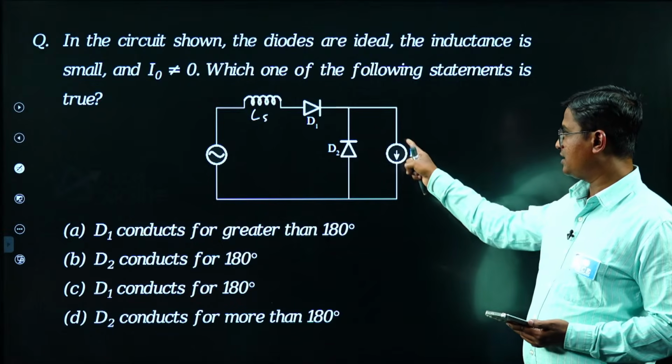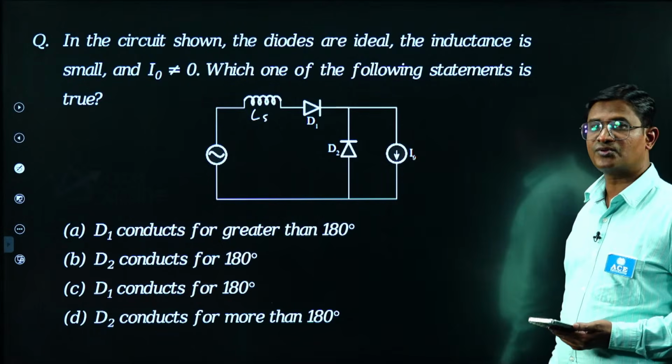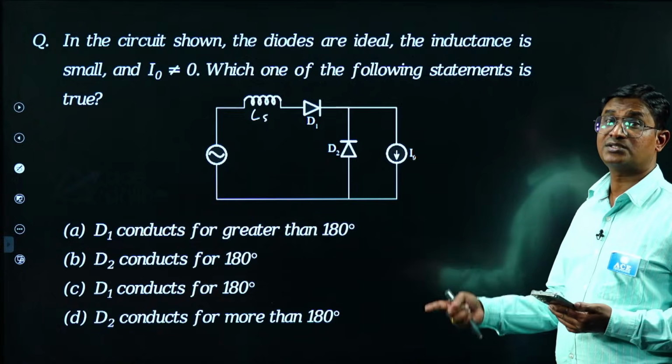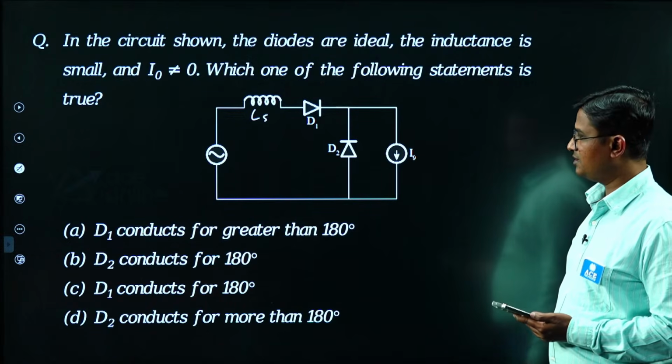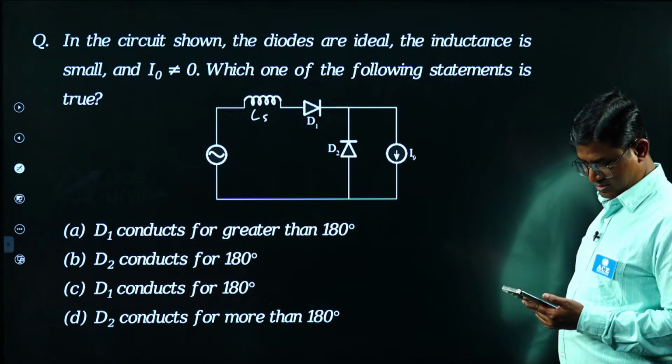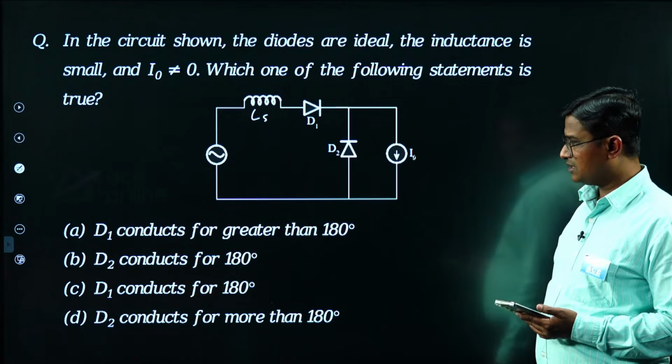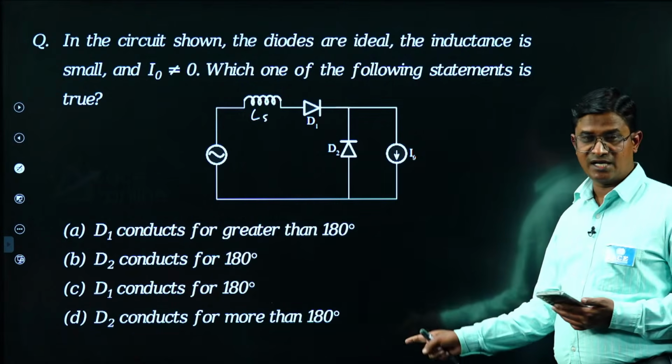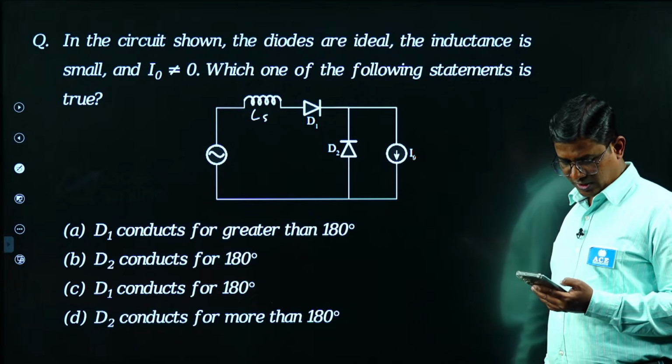Load current is constant here. In the load branch, they have shown a current source, meaning my load current is constant. Out of these four, which are the correct options? This is a multiple select question, so more than one option will be correct.